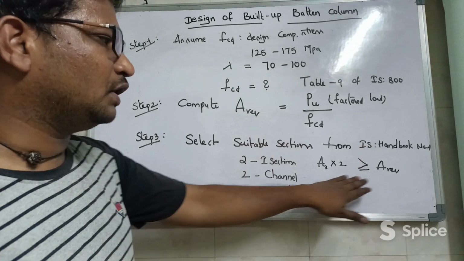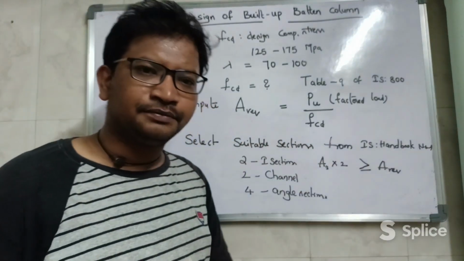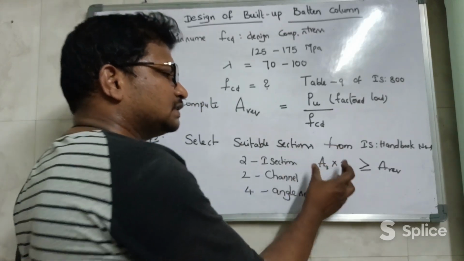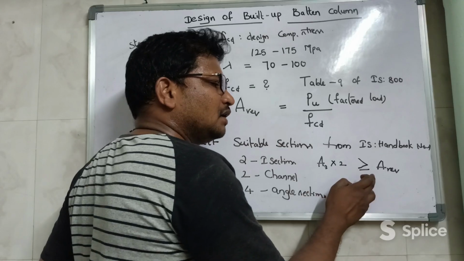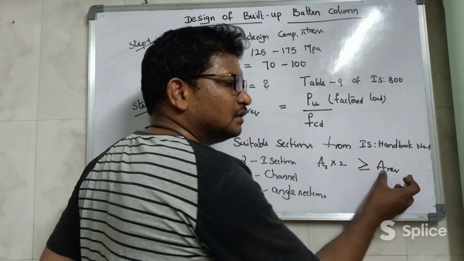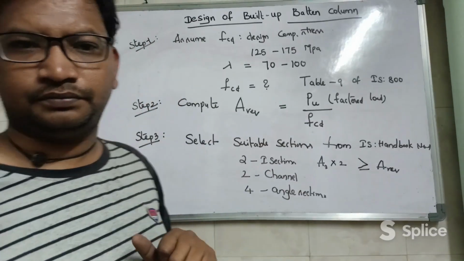This is the note you need to observe. You need to select the suitable section from IS handbook such that the sum of areas of sections should be higher than the required area computed in step number 2.